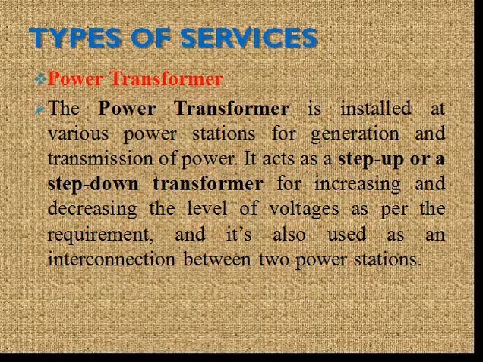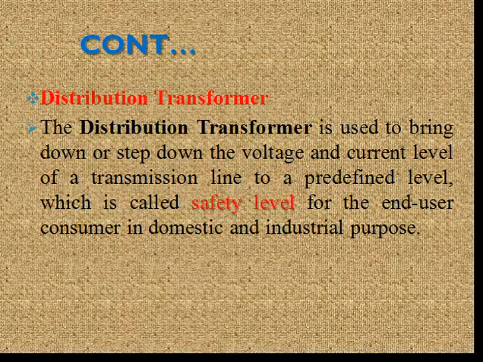It is also used as an interconnection between two power stations. Distribution transformers. The distribution transformer is used to step down the voltage and current level of the transmission line to a predefined safety level for end users or consumers in domestic and industrial purposes.